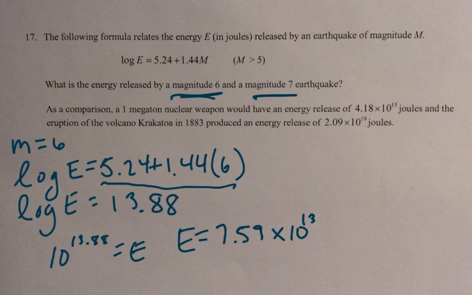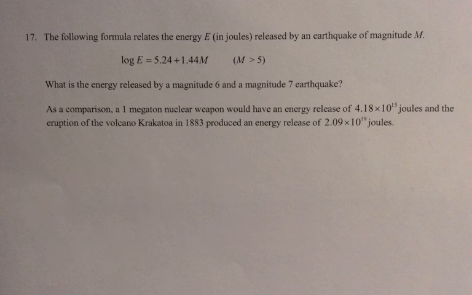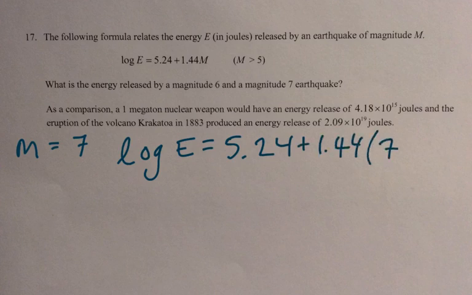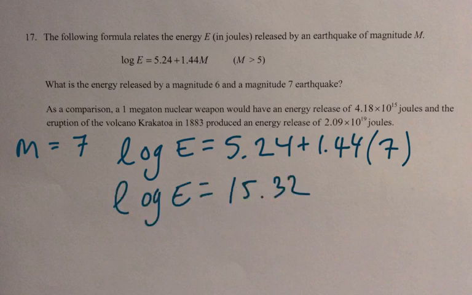For the magnitude 7, we're going to do the same thing. M equals 7. Substitute that in. So we get log of E equals 5.24 plus 1.44 times 7, which when I solve this right-hand side, I get that that is equal to 15.32.